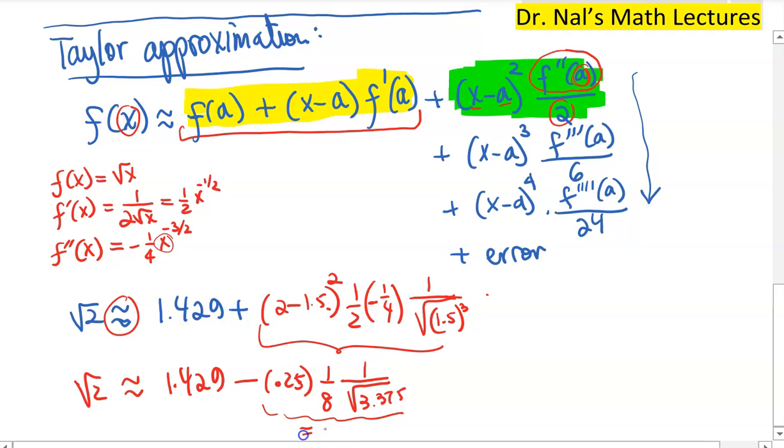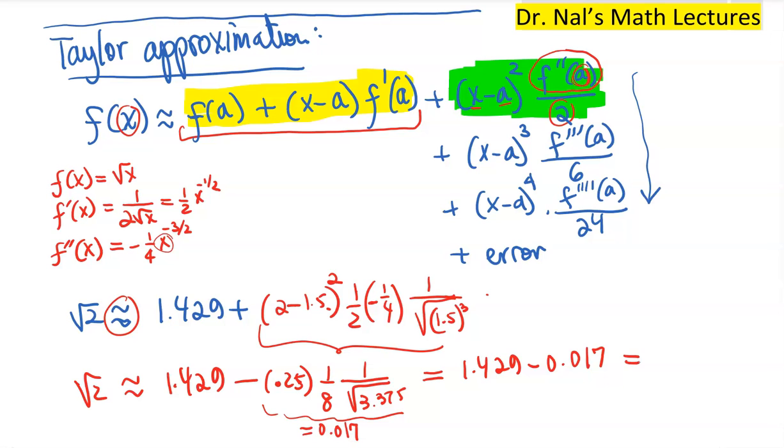All right, so this whole thing is 0.017. So therefore, the new approximate value is 1.429 minus 0.017, and that is equal to, let me just go ahead and do the calculation, 1.412.